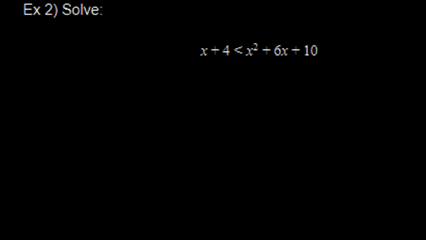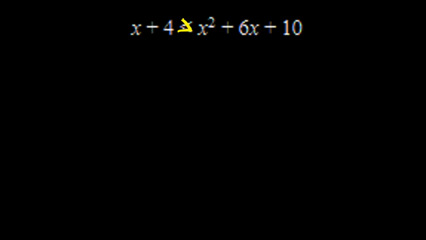Now on this one, I want us to change the inequality sign actually. I want you to make the inequality sign the other way. So, what do I do first?